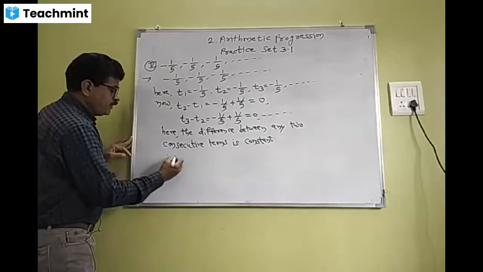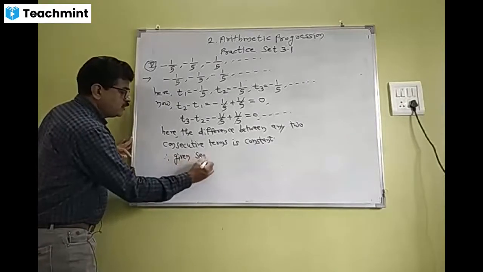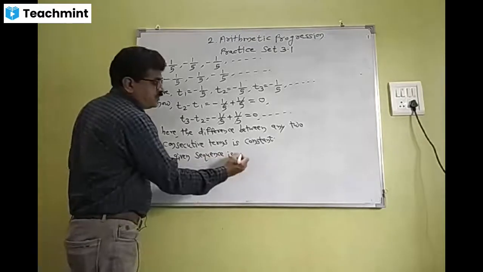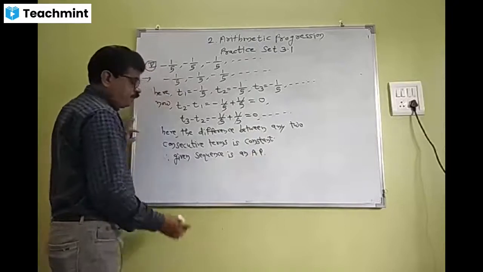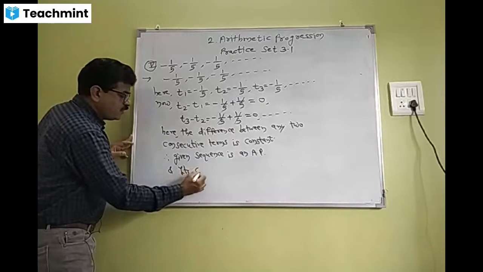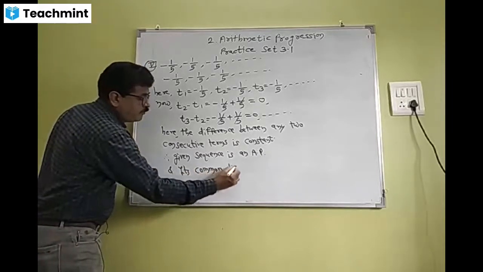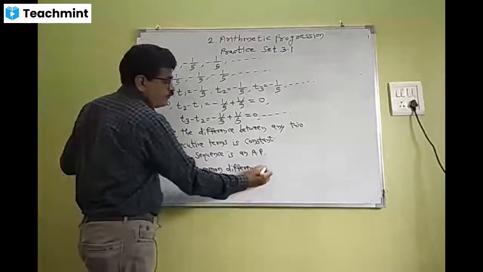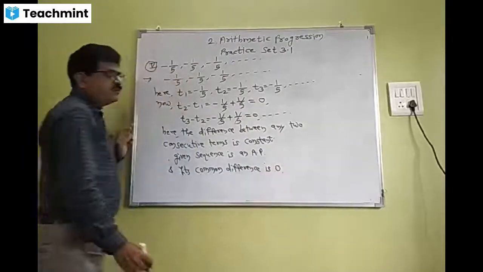Therefore, given sequence is an AP and its common difference is 0. This is the answer.